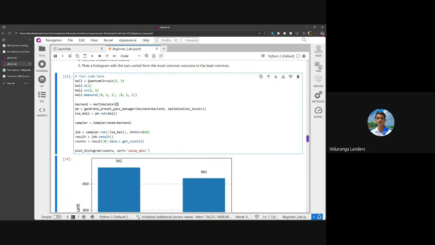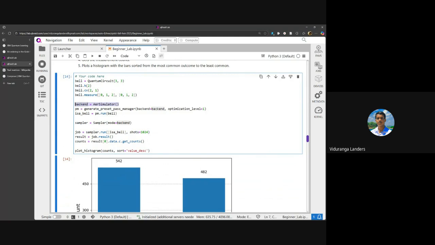And once it is executed, you are going to get the result back. So you should have some way of storing the job and retrieving its result and then analyzing its result. It is the same for the simulator as well, but you are going to get the results instantly here.